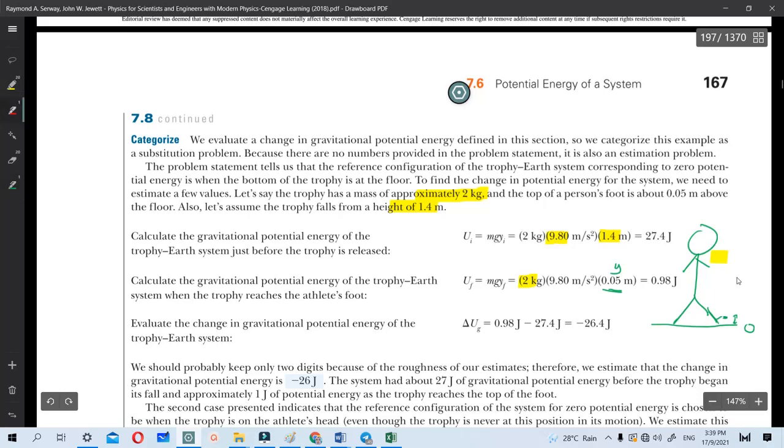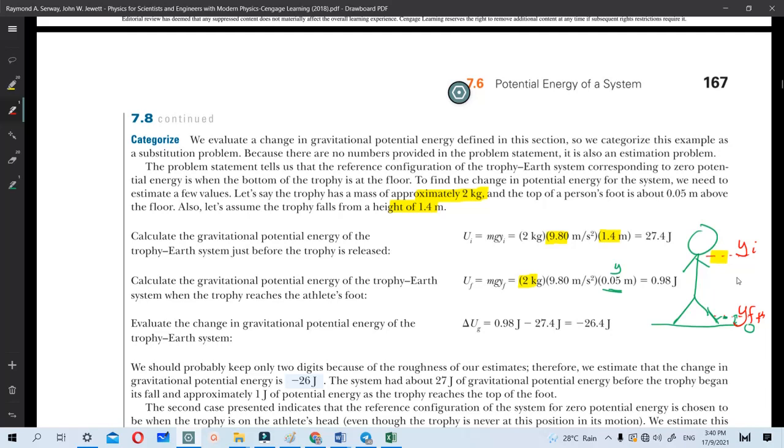So let's just use red color to indicate the direction. So this is where it started and this is where it landed on his foot. So for y final, you will find that the change is this number, 0.98 minus 27.4 joule. So you just plug in the numbers, final minus initial.